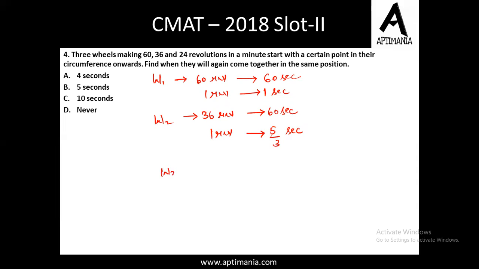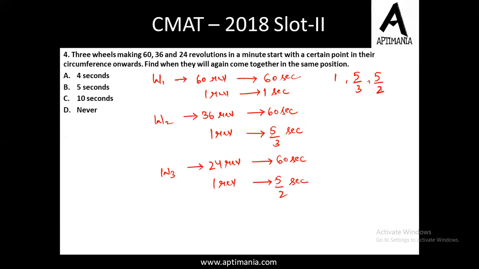And let's talk about wheel 3. It is making 24 revolutions in 60 seconds, so one revolution is 60 upon 24, that is 5 upon 2 seconds. So the individual time taken by wheel 1, 2 and 3 is 1 second, 5 by 3 second and 5 by 2 second to complete one revolution.